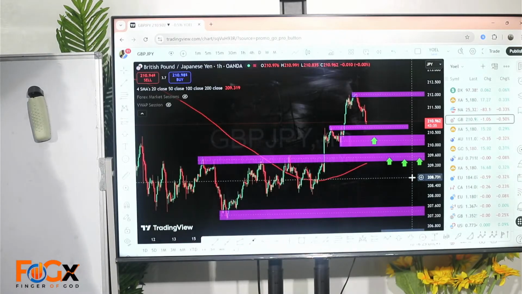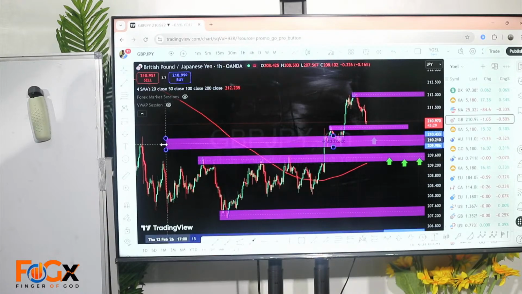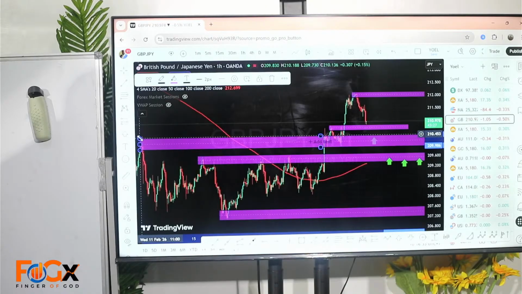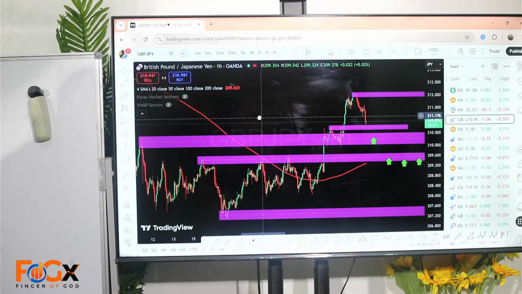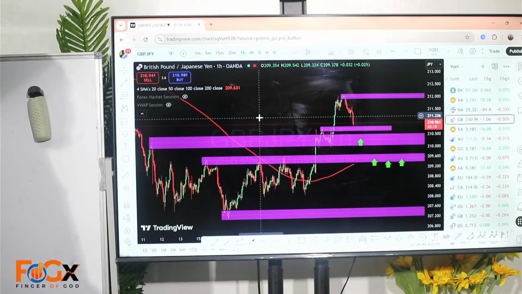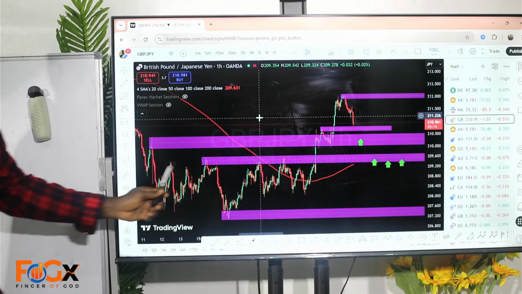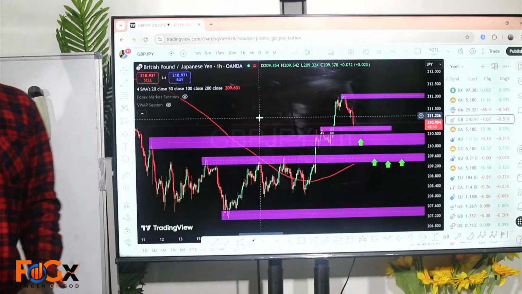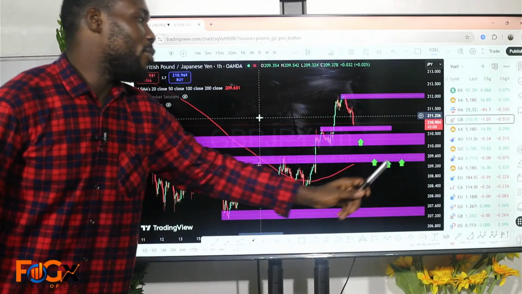Right? Now, let me quickly. So Farouk picked this zone, and I also showed us this zone, and 3 of us went with this.